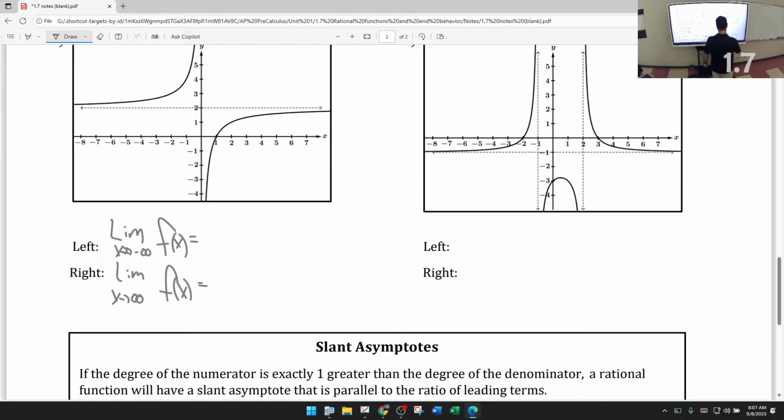So here we go. We got limit as x goes to negative infinity, limit as x goes to positive infinity. And so I'll call this one f of x. Both of those are headed to 2.